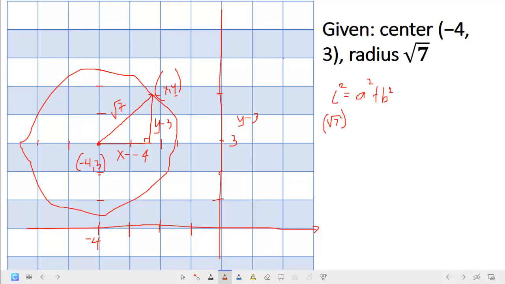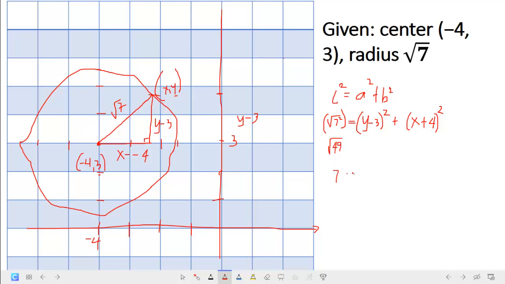Of course, if we square it, we can square inside, right? We can also do it outside. And our altitude is y minus 3 squared. And our b is this x plus 4. I'll just write plus 4 since it is x minus negative 4. And that is square root of 7 squared, that's square root of 49. And square root of 49 is equal to 7.